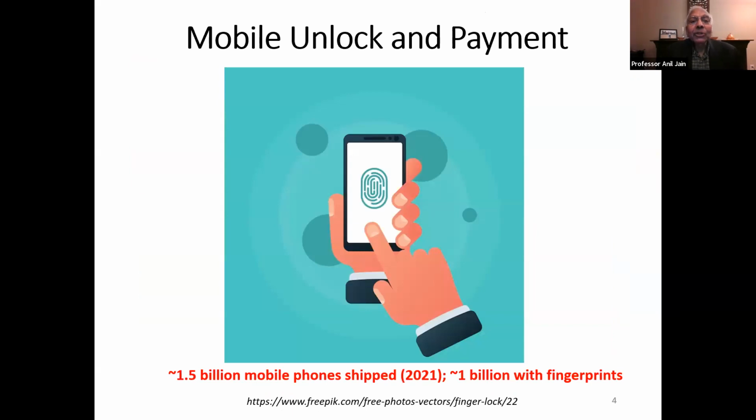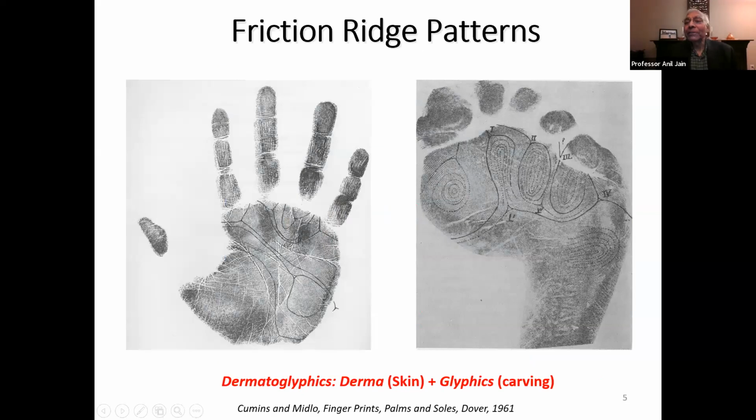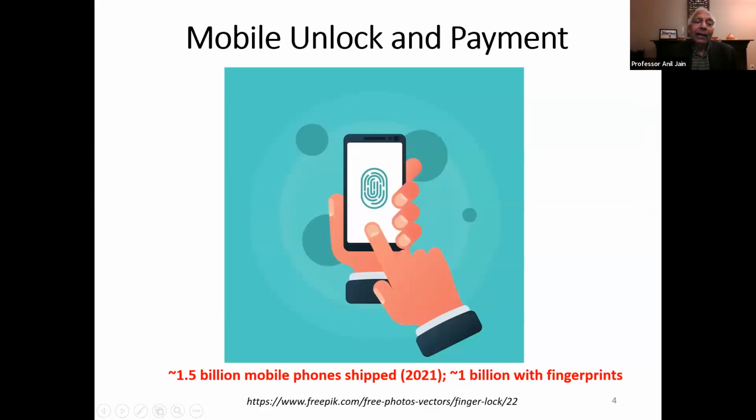The other reason I want to talk to you about biometrics and fingerprints in particular is because everybody is familiar with it. In 2013, Apple introduced the iPhone with the finger Touch ID, whereby simply touching one of your fingers at the home button, you could unlock the phone, and later payment could also be done using the fingerprints.